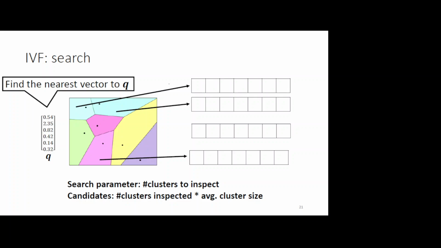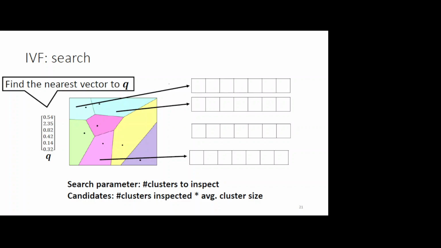Okay, so here the search parameter is the number of clusters to inspect. It means how many clusters you are going to inspect. In my previous case, I checked only one, because this one is the closest centroid. But if you only check one, it's like a greedy search, and we have said greedy search usually leads to a bad recall result.